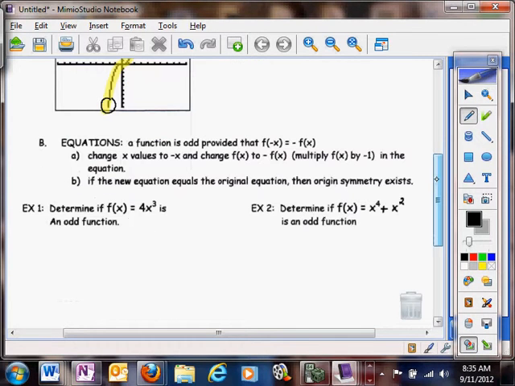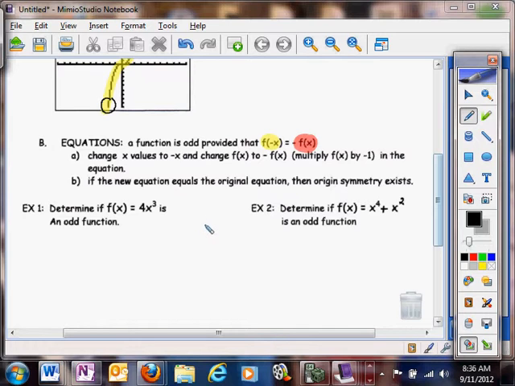B, the equations. A function is odd provided that f of negative x is equal to negative f of x. And we're going to do this the same way we worked with the even functions. We're going to replace every x with a negative x, and then we're going to simplify.